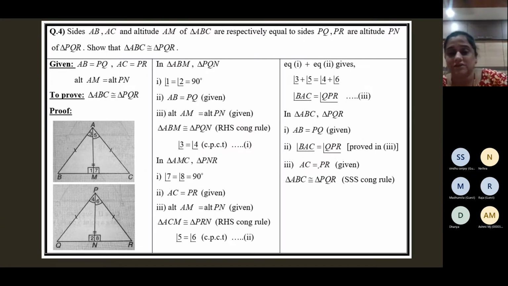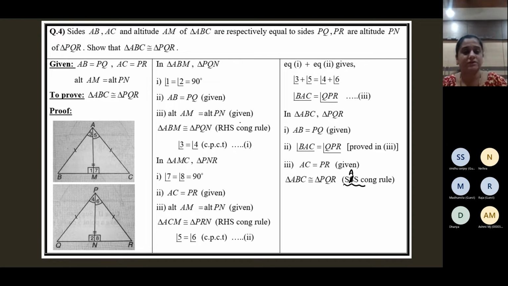See that? This is SAS, children. Yeah, this is SAS. Sorry. Otherwise, I think it should be right. Angle 1 is equal to angle 2, and AB is equal to PQ.